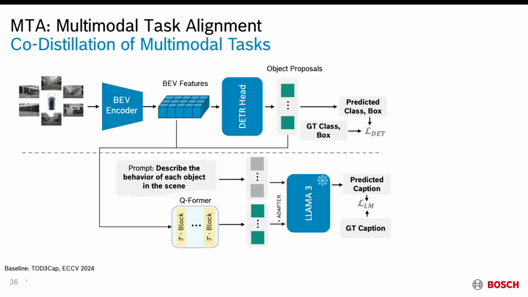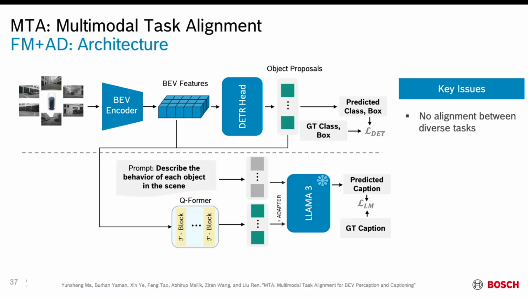But what are the problems with this? The key issue is that there is an information flow from the visual part, from the object detector, to an image captioner. But there is no alignment mechanism that makes sure that if you do joint training, your performance increases for both of them and you don't hurt the other.